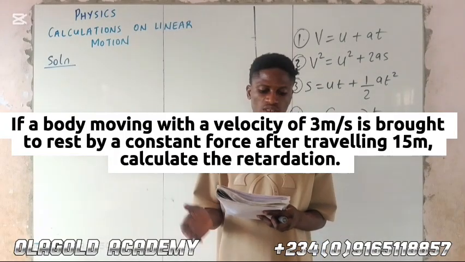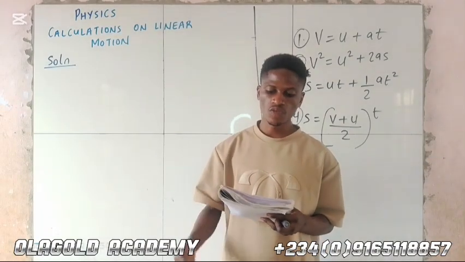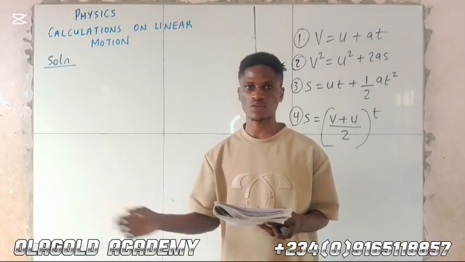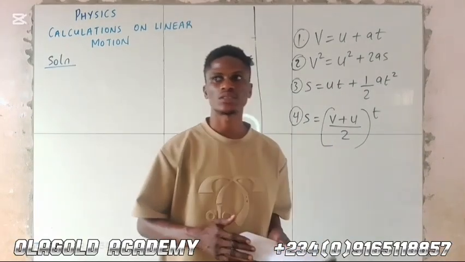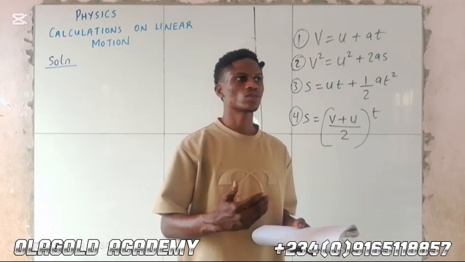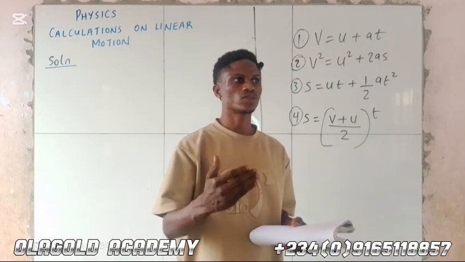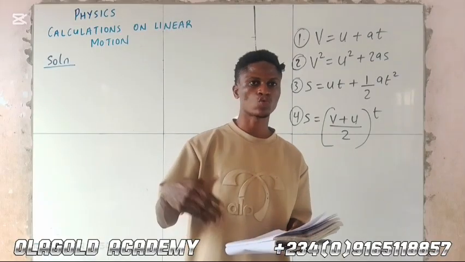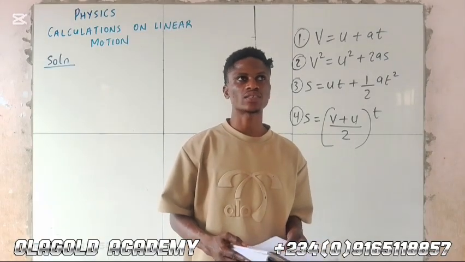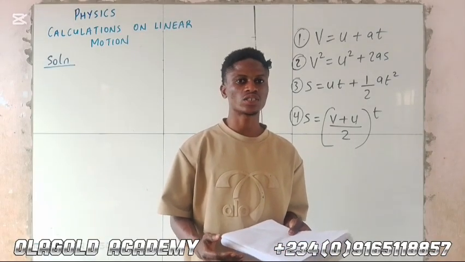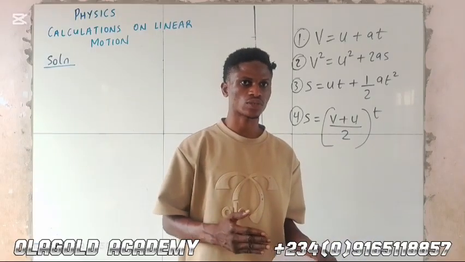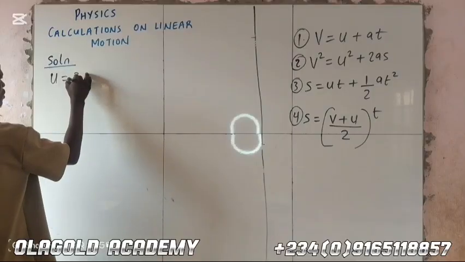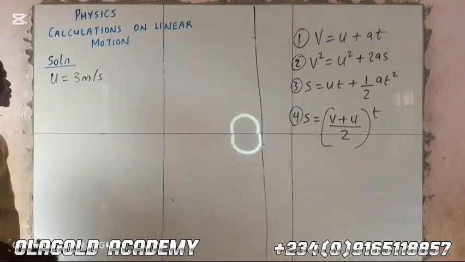The body is moving with a velocity of 3 meters per second, so the initial velocity is 3 meters per second.